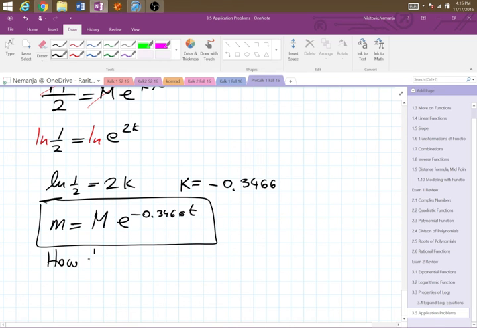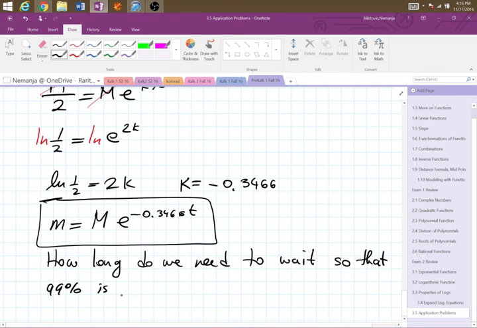How long do we need to wait so that 99% is metabolized?